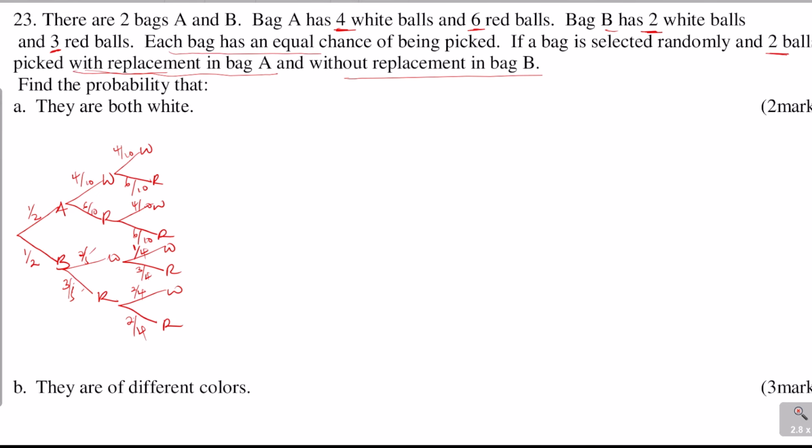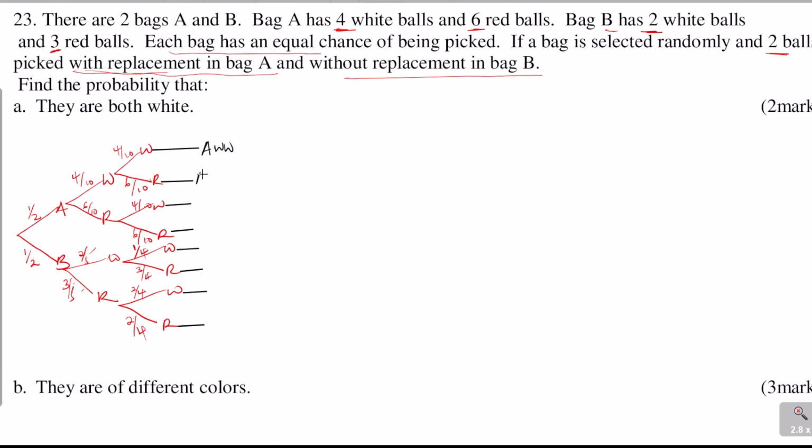From there, you can indicate these probabilities so that it can be easier for you to work them out, like this. Let me indicate them like this. This way, it will be very easy for you. So the first one, from bag A, white, white.